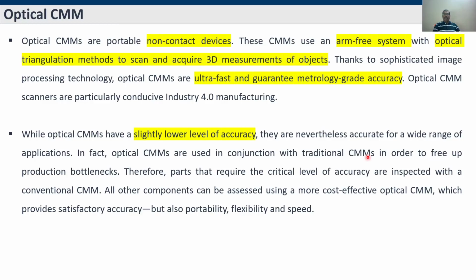Maybe it's still in the beginning stage, so people need to work more on optical CMM and implement it in a wide range of applications. It has slightly lower accuracy and is also slow, so people won't prefer it now. They will prefer the traditional or conventional CMM only.